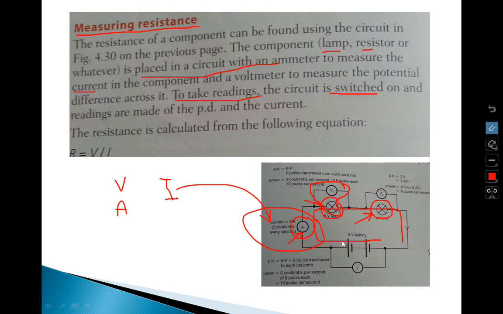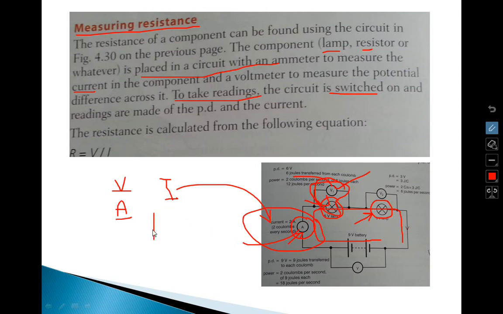The second step, we use a voltmeter to find the voltage on that component. For example, a lamp, resistor, heater, anything. So we connect the voltmeter in this way, across those two points. So we have V by using the voltmeter, and we have I by using the ammeter.